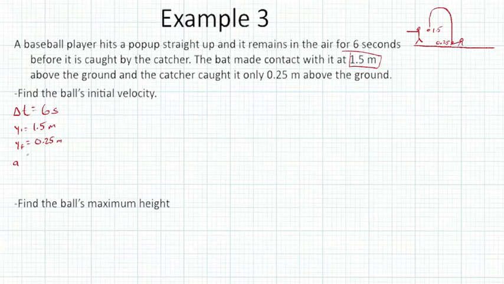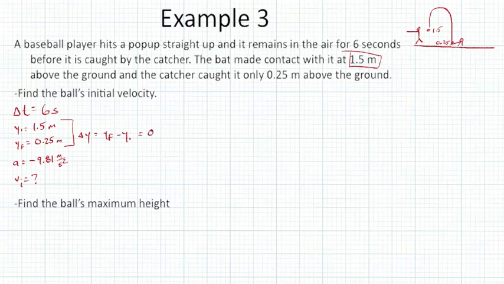Our acceleration is still going to be negative 9.81 meters per second squared. And the question is, what's the initial velocity, VI? That's what we don't know. Oh, and by the way, let's combine our initial and final y's right here into our delta y. Delta y equals the final minus the initial.